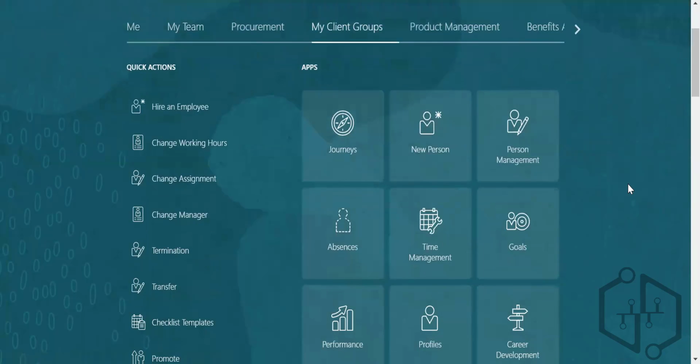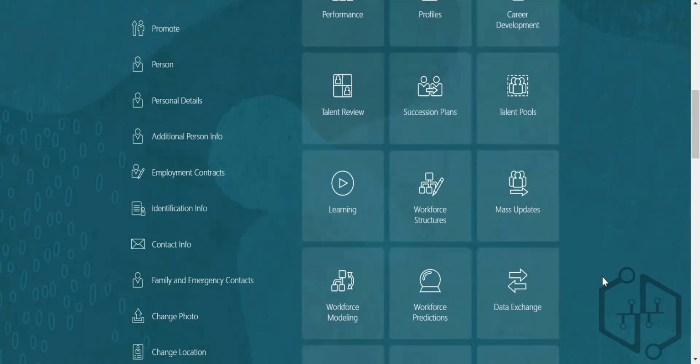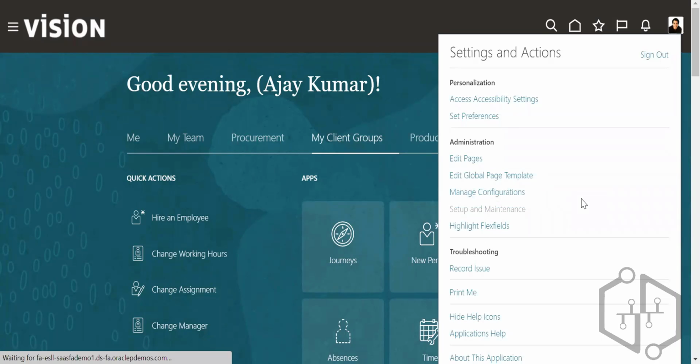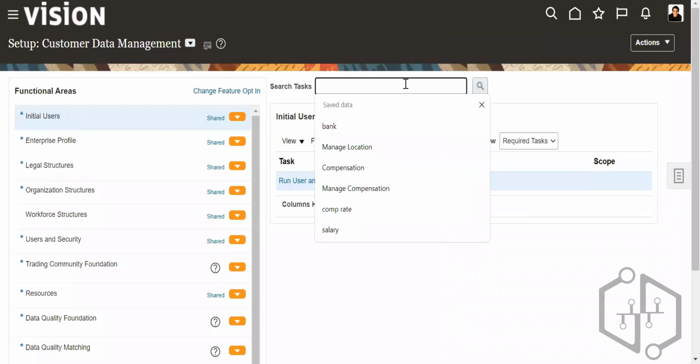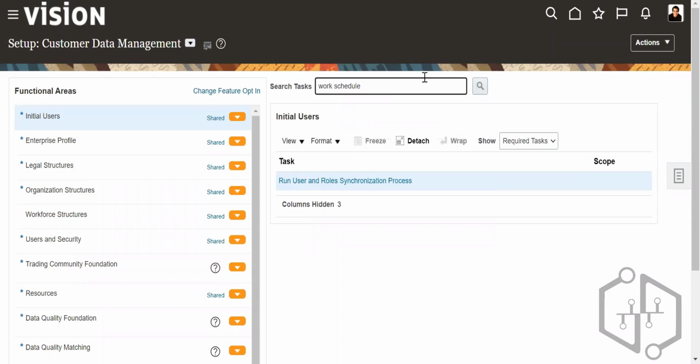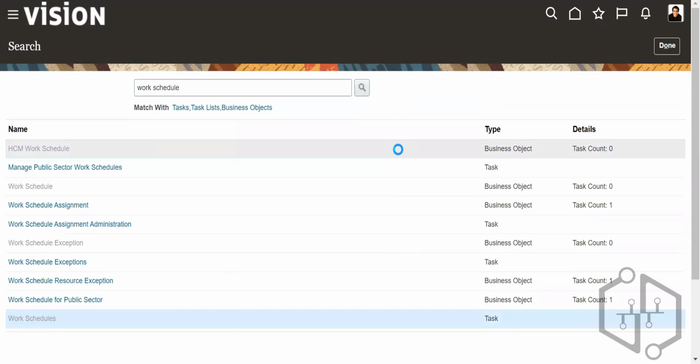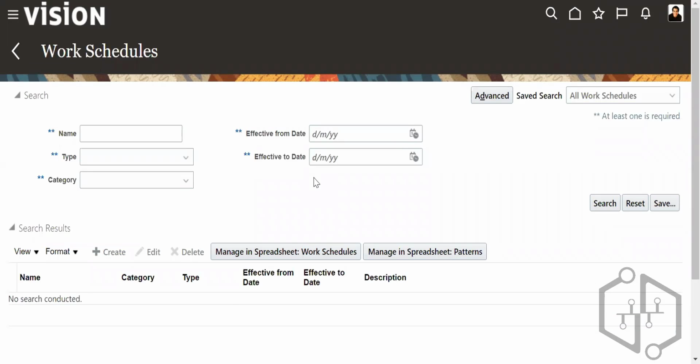It is not there in this actually. So this is the work schedule.